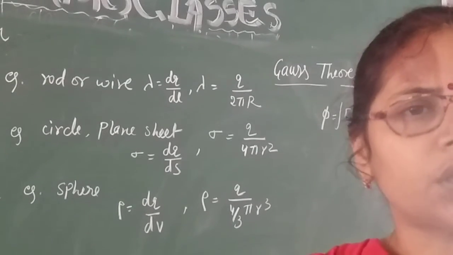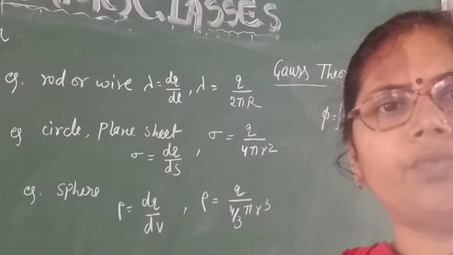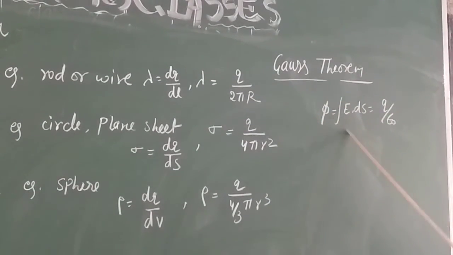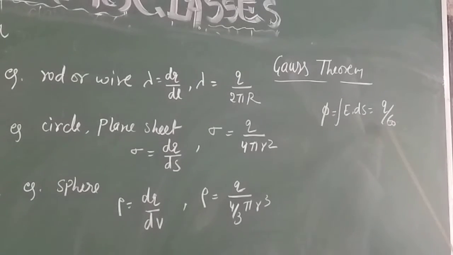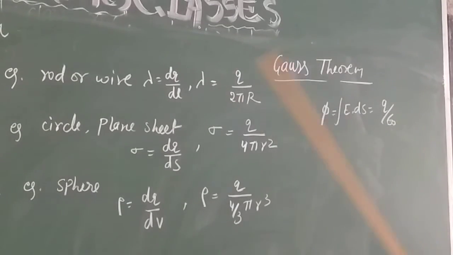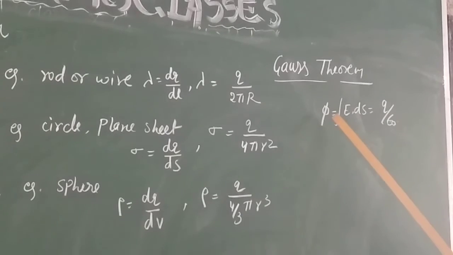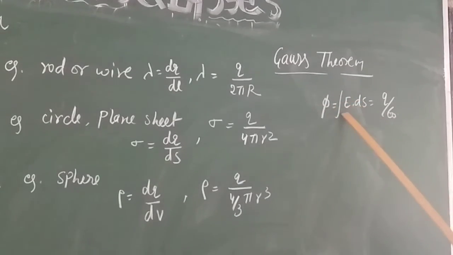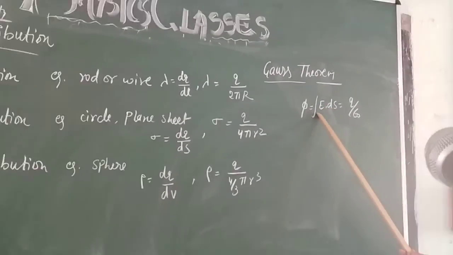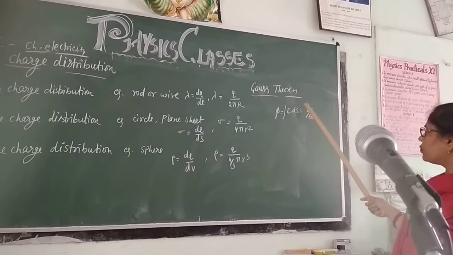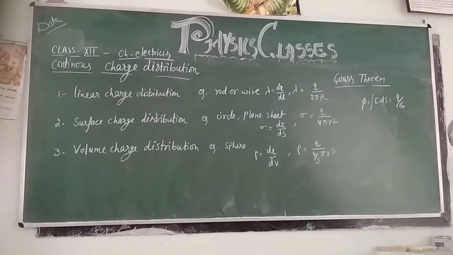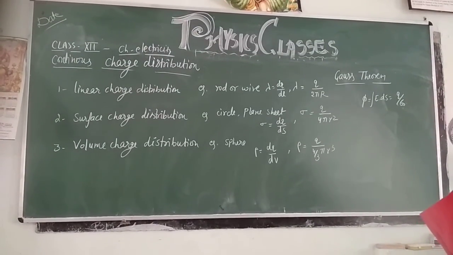In mathematical form, phi is equal to the surface integral of E dot ds, which is equal to q upon epsilon naught.